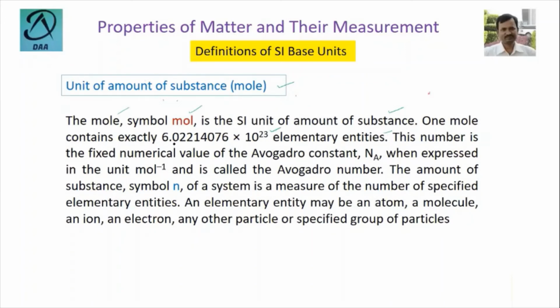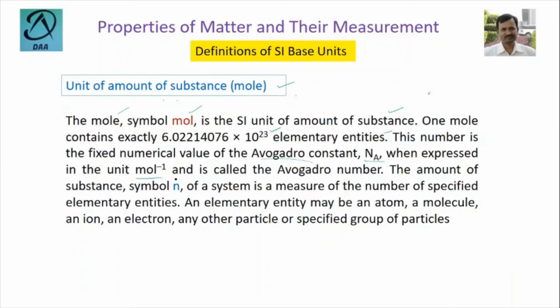This number is the Avogadro constant, N subscript A, and when expressed in the unit mole to the power minus 1, it is called the Avogadro number.